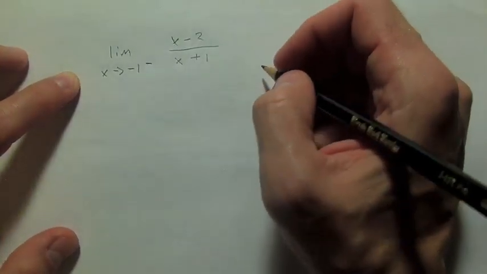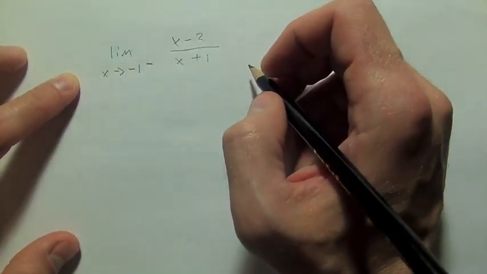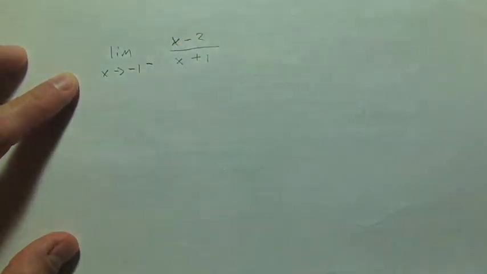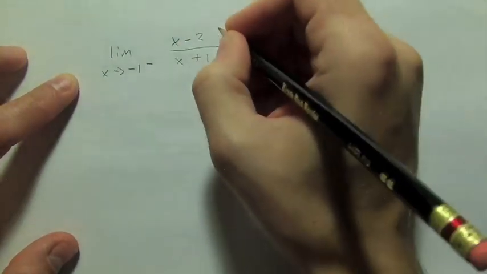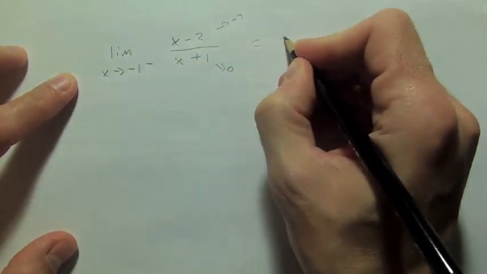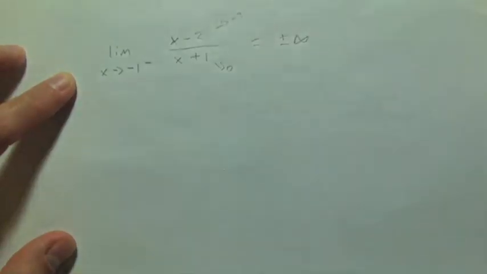Again, I'm jumping right to the factored version because that's the most useful one. And once again, this is going to be division by 0, so negative 3 over 0. So we know it's going to be plus or minus infinity.